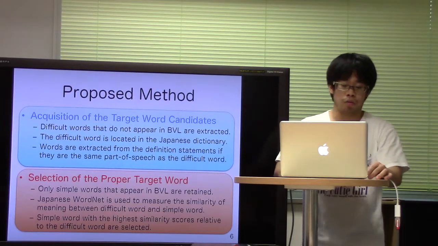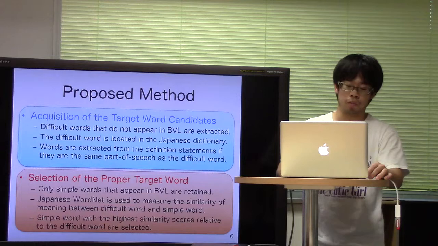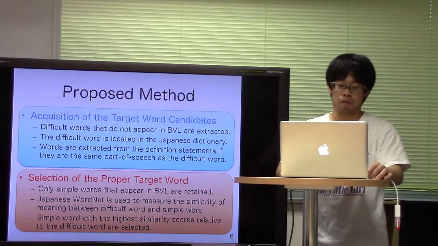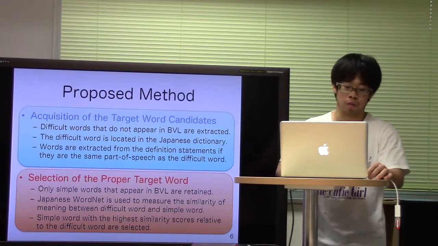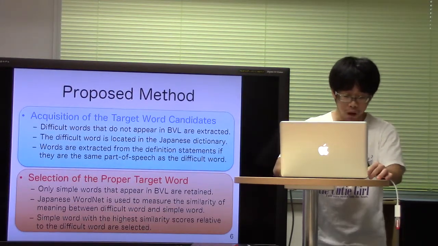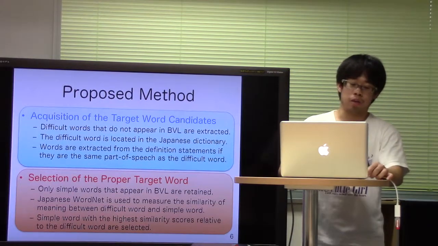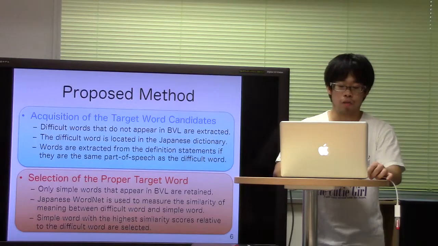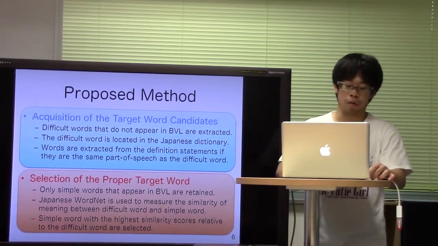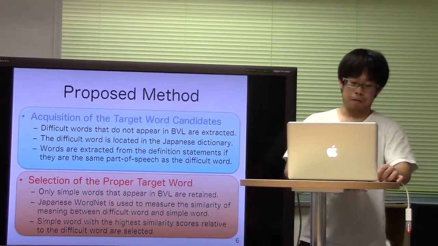Words are extracted from the definition statement if they are the same part of speech as the head word, and are extracted as simple words if they appear in basic vocabulary to learn. We measure the similarity of meaning between the difficult word and each simple word using Japanese WordNet, and select the one with the closest semantic match for the paraphrase.